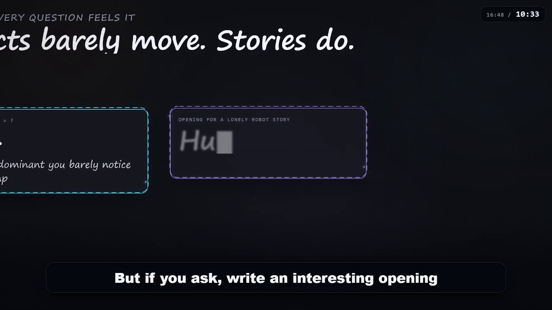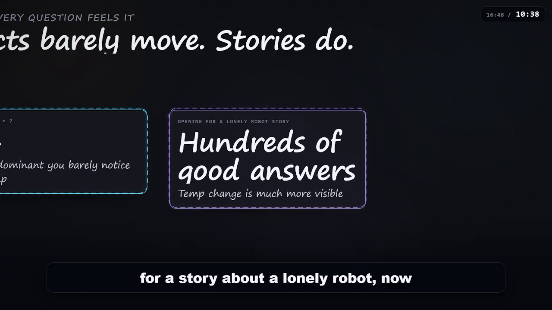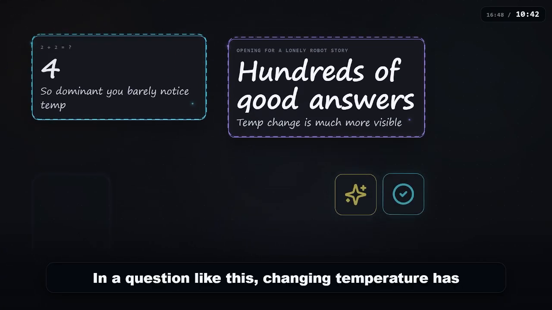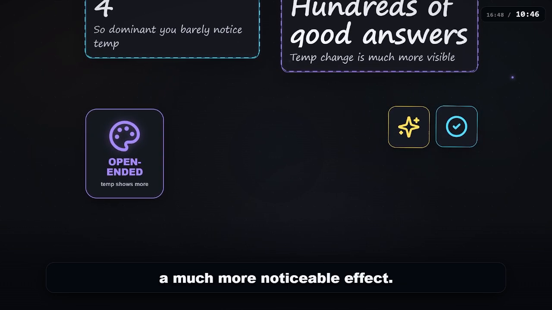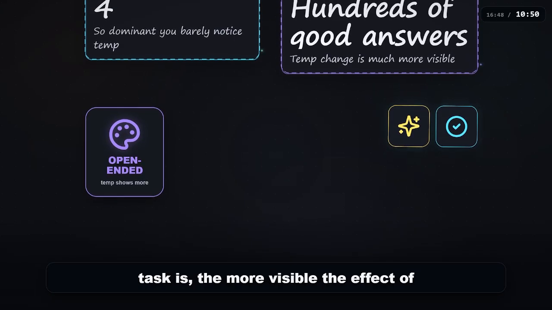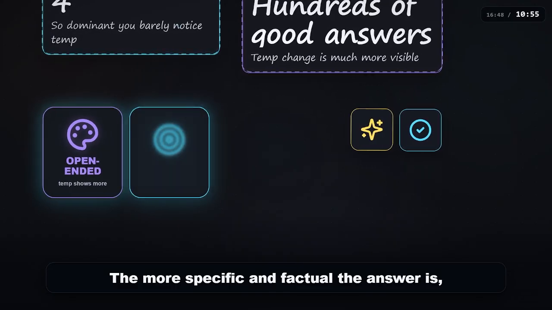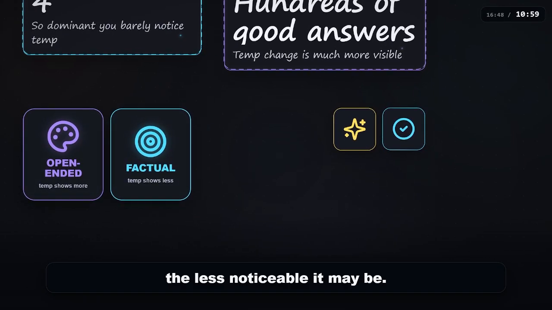But if you ask, "Write an interesting opening for a story about a lonely robot," now there are hundreds of possible good answers. In a question like this, changing temperature has a much more noticeable effect. So the more open-ended and creative the task is, the more visible the effect of temperature becomes. The more specific and factual the answer is, the less noticeable it may be.